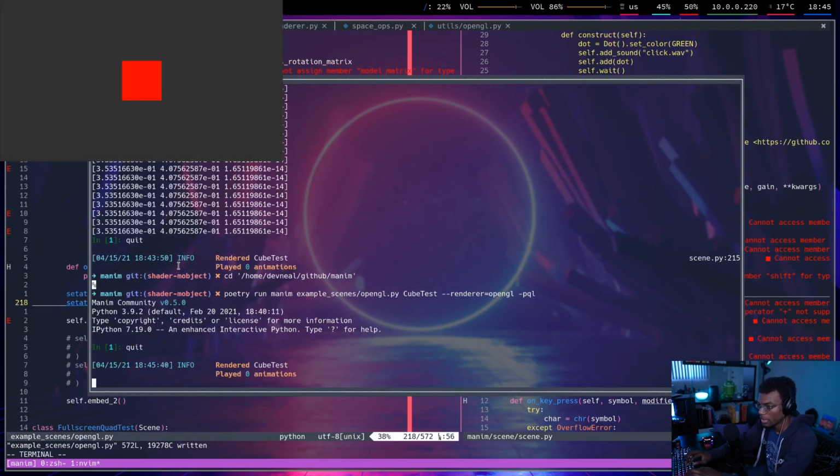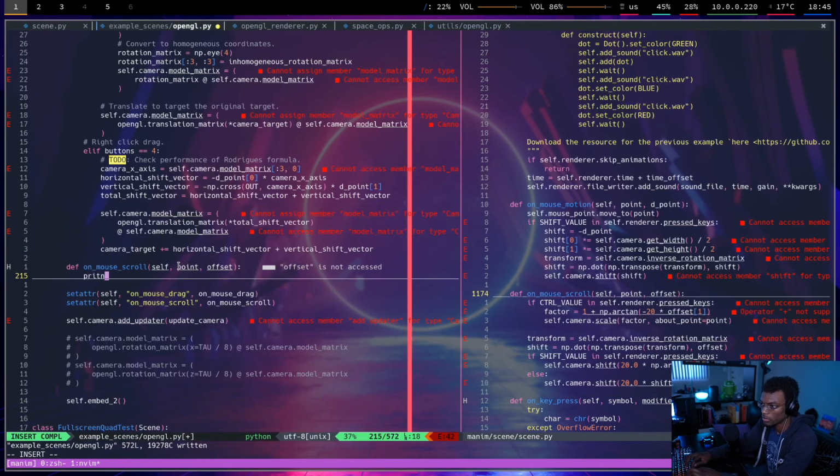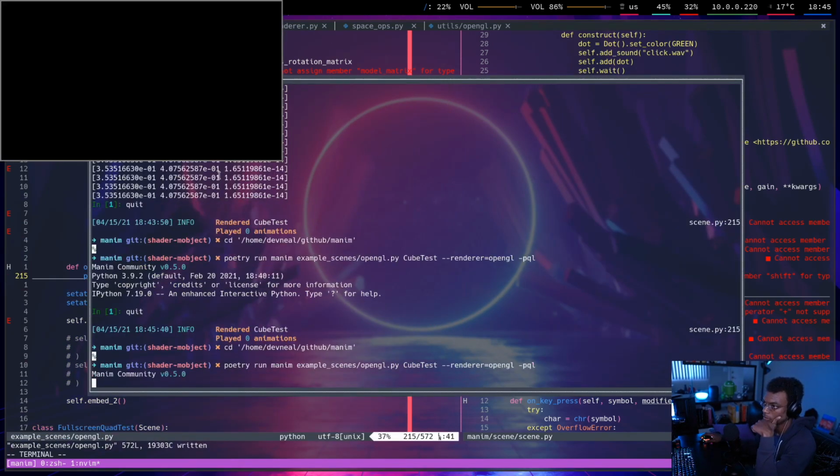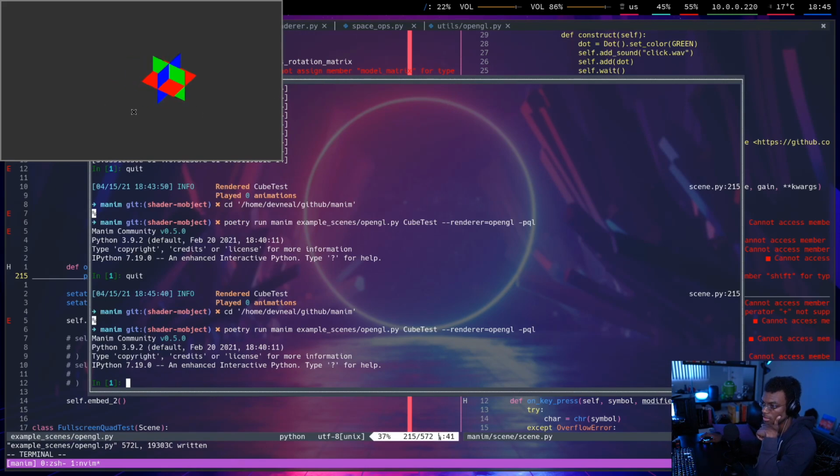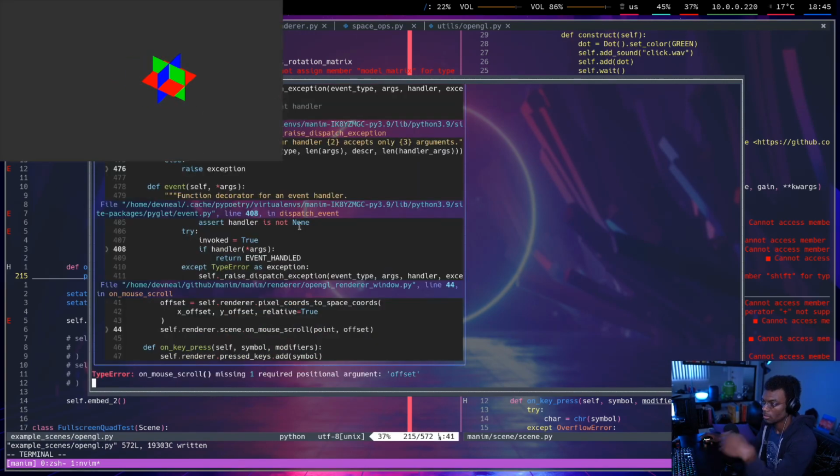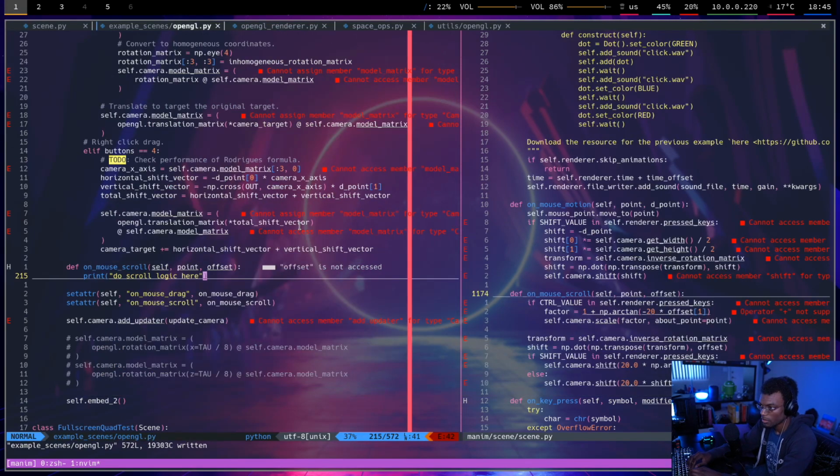Okay, so now this won't do anything when I scroll. Actually, that's not what I want. I want it to just print something, so I can make sure I hooked into it correctly. And well, it worked, sort of. It's missing an argument.